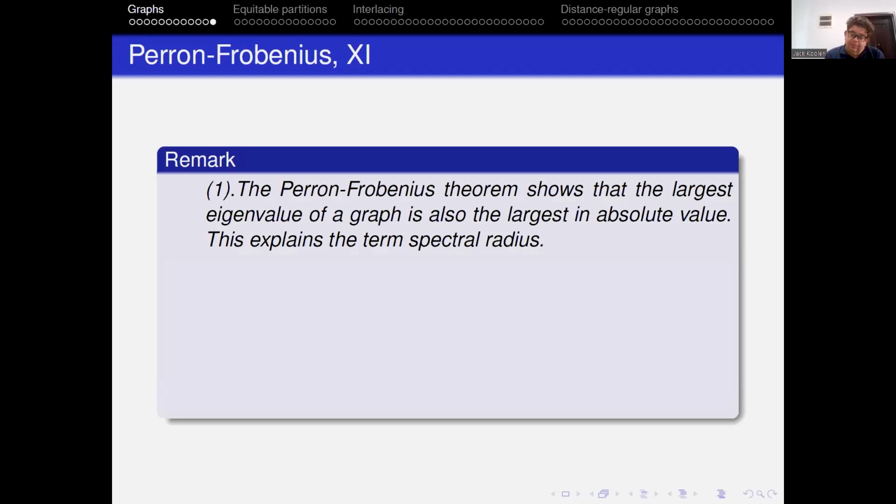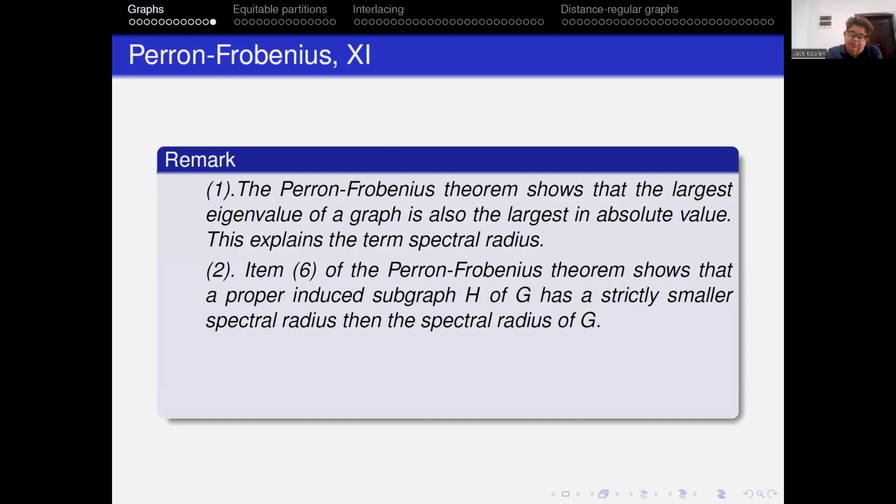So the Perron-Frobenius theorem shows that the largest eigenvalue of a graph is also the largest in absolute value. And this is the reason why spectral radius is called spectral radius.